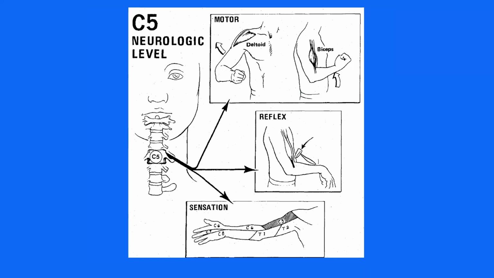C5 supplies the outer end of the arm, C6 the outer end of the forearm, and C7 the middle finger, C8 is the medial aspect of the small finger and ring finger, and then up T1 and T2. Don't forget this. Don't forget about the reflexes.